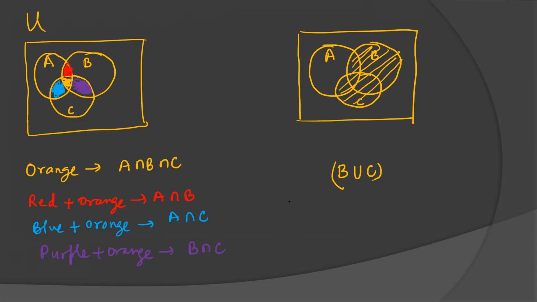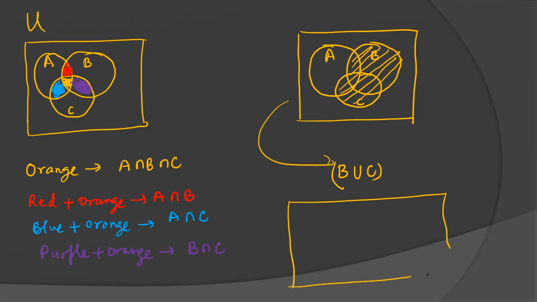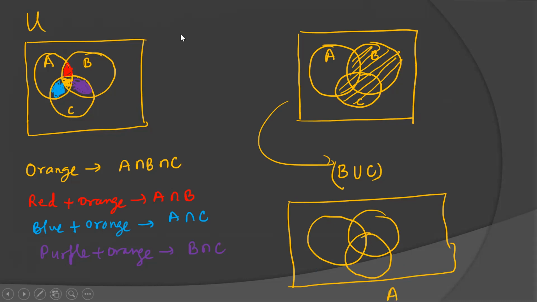Now my doubt is, this is your B union C. Draw another Venn diagram and try to take the intersection of B union C with A. Intersection of A with B union C.